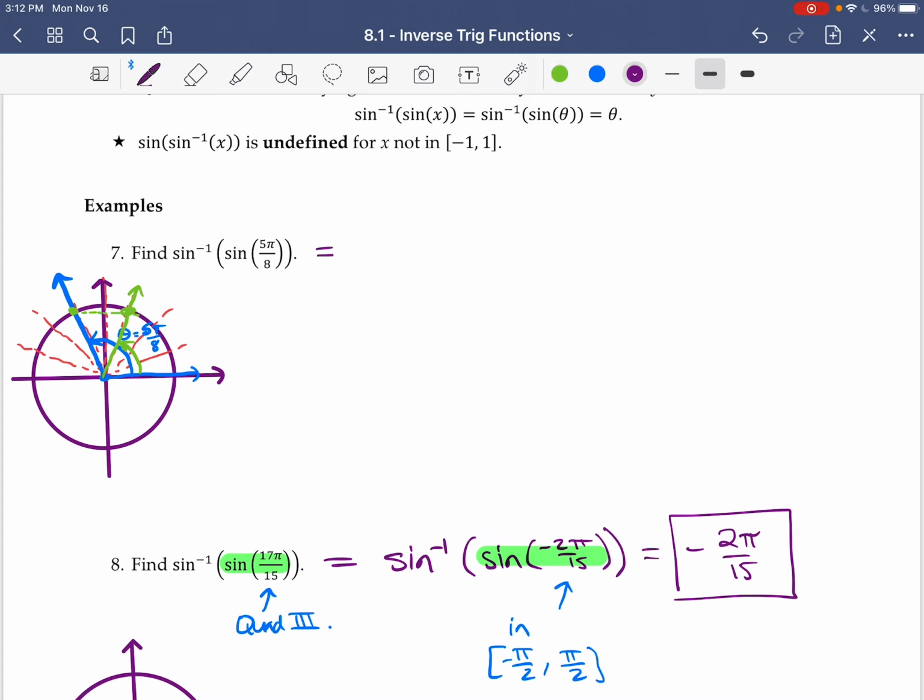So this is actually equal to sine inverse of sine of 3 pi by 8. Now I'm in the right interval, so the sine inverse and the sine cancel out, and I just get 3 pi by 8. So this thing here is equal to that thing there. That's why I can do that switch, because they have the same y value on the unit circle.